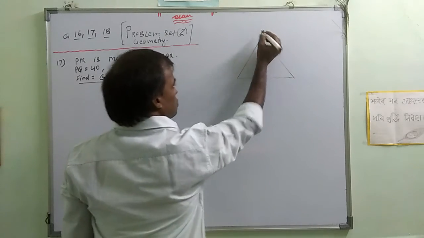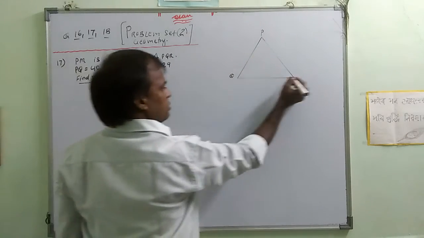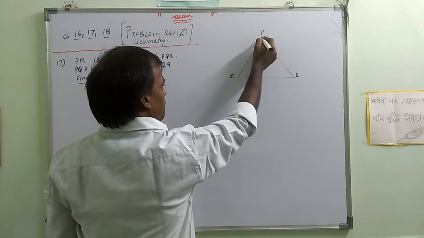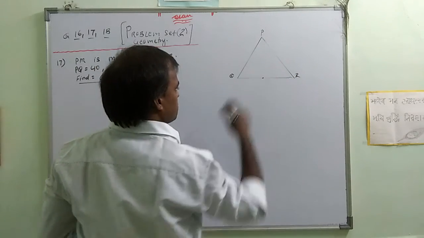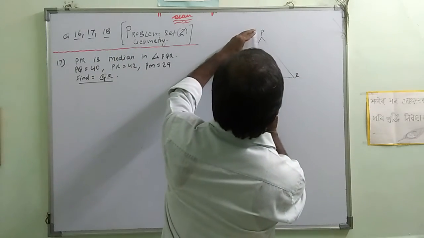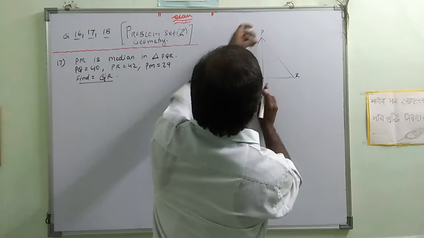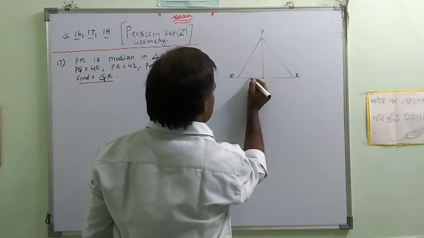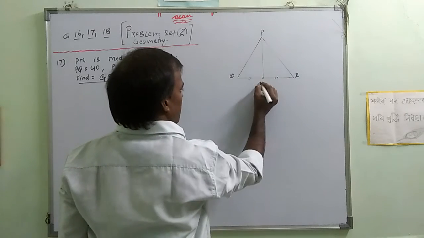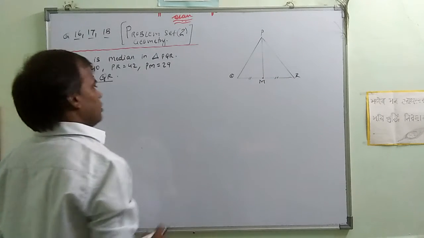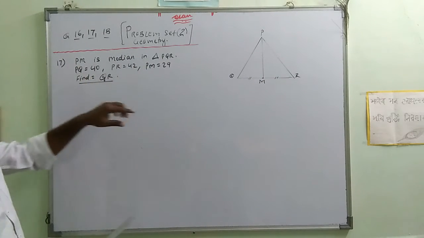So this is PQR. Median means the middle part, so this equals this. PM is the median of triangle PQR.